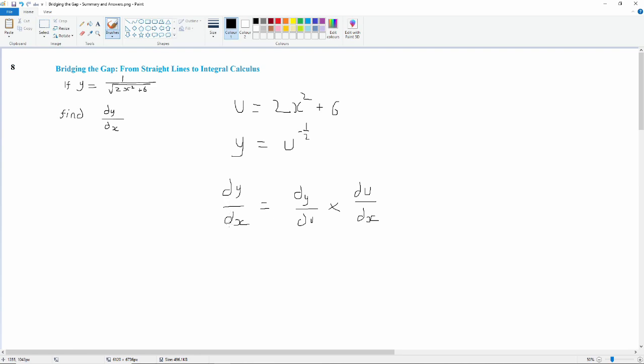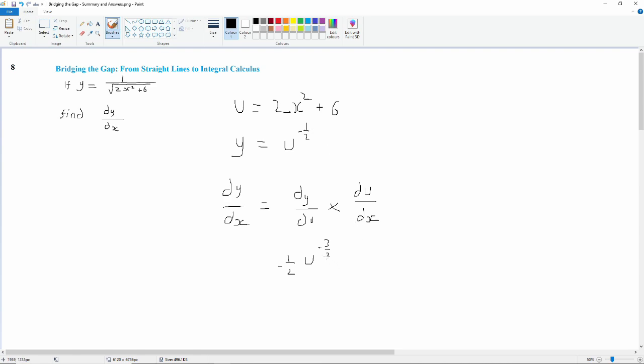So dy by du is equal to negative 1/2 u raised to the power of negative 3 over 2, because negative a half minus 1 would be negative a half minus 2 over 2, which is negative 3 over 2.